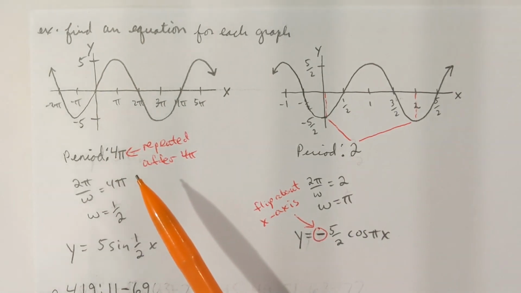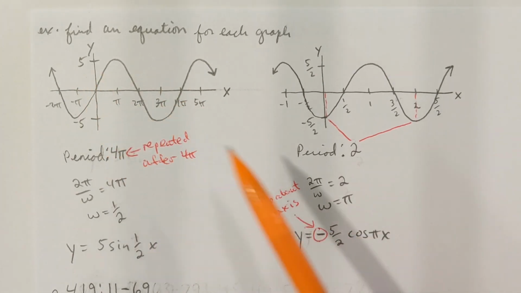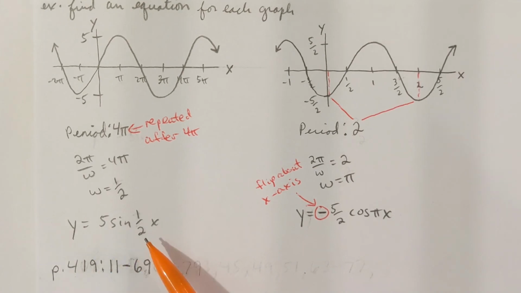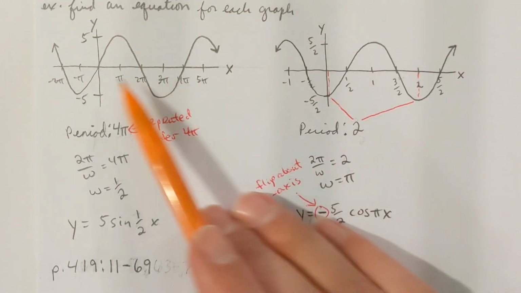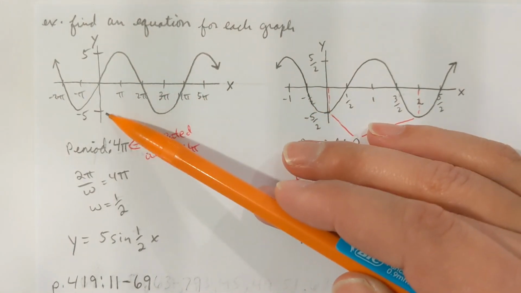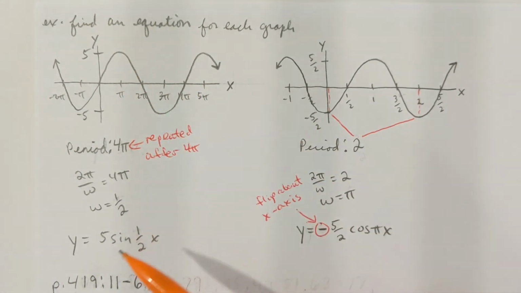So in this first graph here, I would know right away I'm going to do something with the sine curve. It's not going to be just y equals sine x, because of the scaling that I see here. So I'm going to want to identify the period and the amplitude. The amplitude is half the distance from the highest to the lowest point. Here I've got a distance of 10 units, so the amplitude would be 5.